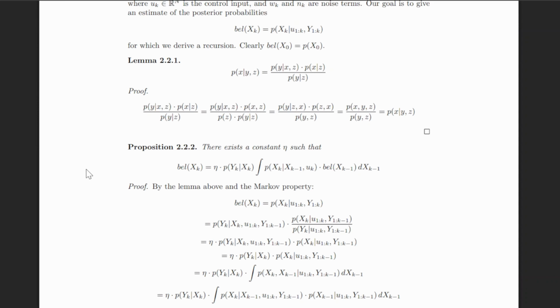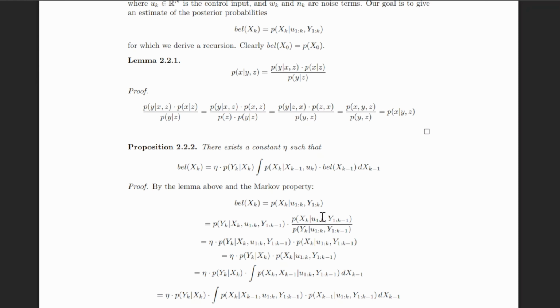Now, we would like to prove the proposition which gives us the recursion for bel(x_k). The proposition says that there exists a constant eta such that bel(x_k) is some function of bel(x_{k-1}). By the lemma above and the Markov property, bel(x_k) equals this product, because we use the previous lemma for the value of bel(x_k).